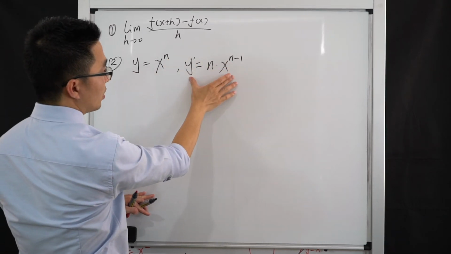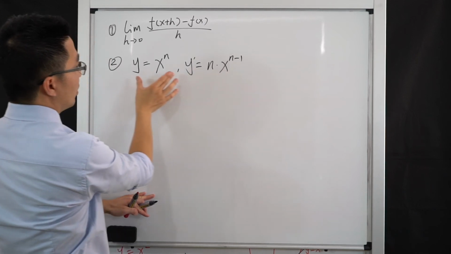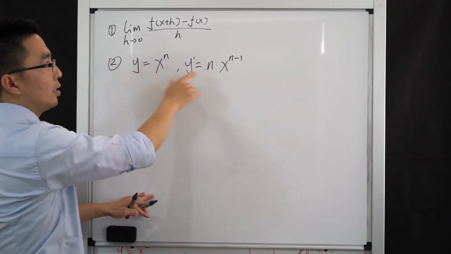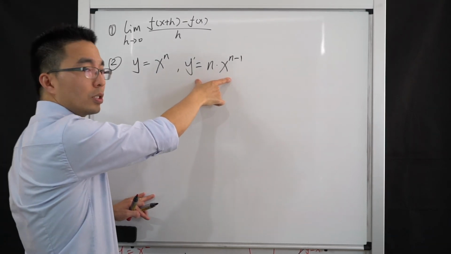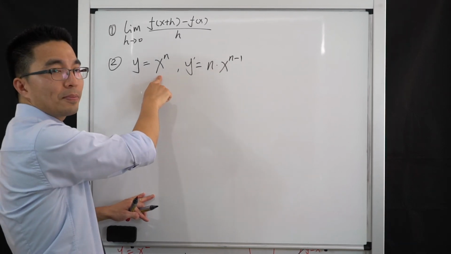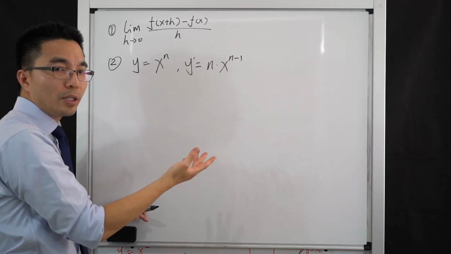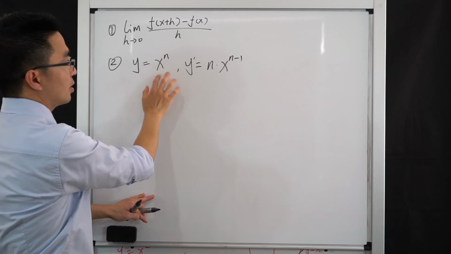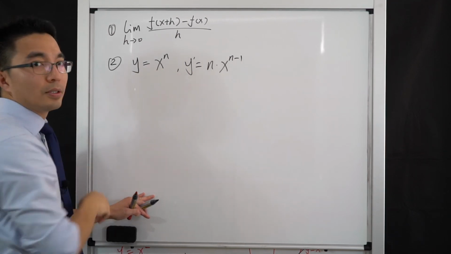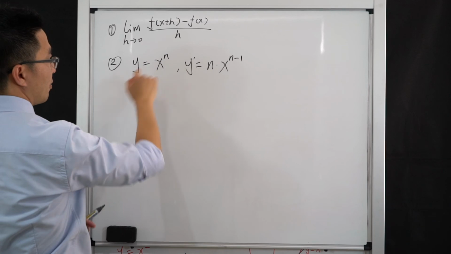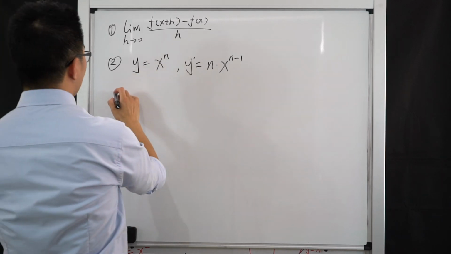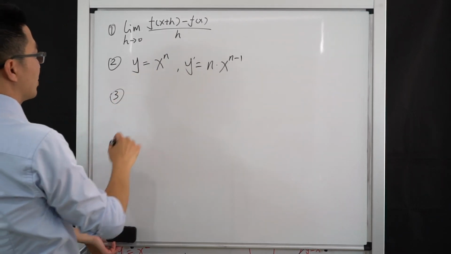So this one would be the derivative function of this original function. Okay, this formula only works in this form. I'll tell you much more later, but this formula is only for the form x to the power of n. Okay, this is the last one.